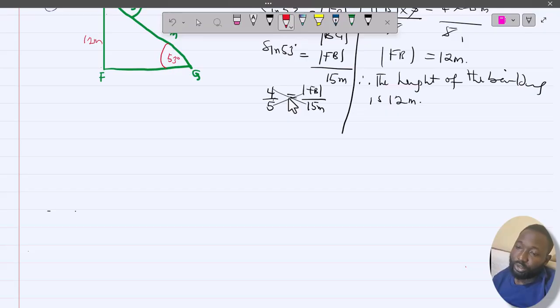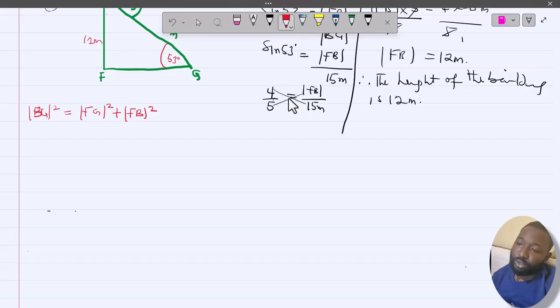We know the longest side, BJ squared is equal to FJ squared plus FB squared.